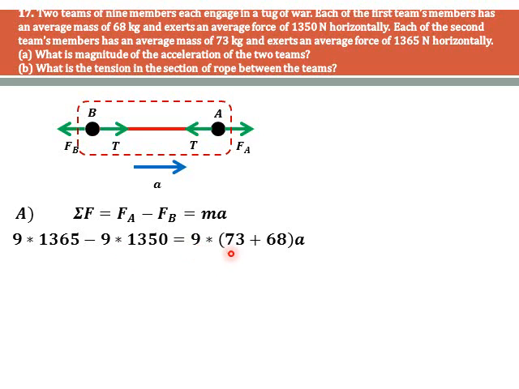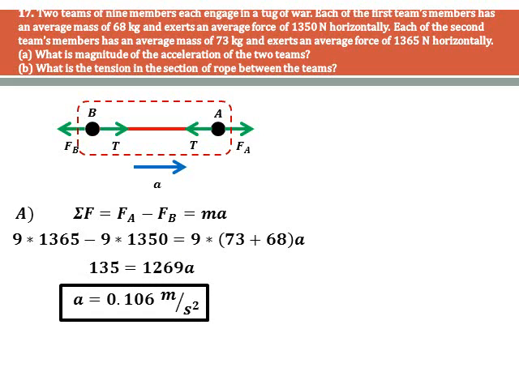And then we have 9 times 73 and 9 times 68 because that's the total mass of all of them. So 73 plus 68 and then times 9. So basically one member from each team and then multiply by 9 because each team has 9 members. Solve for the acceleration, and you get acceleration is going to be 0.106 meters per second squared.